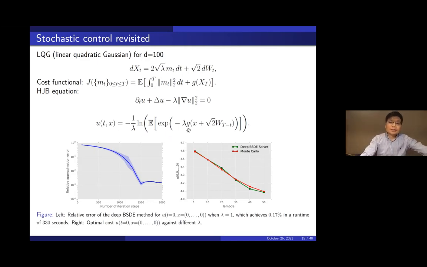And we can use this exact solution to calibrate the deep BSDE method, and that's shown here. The horizontal axis is the parameter lambda, and the vertical axis is the value of u at some random point. You can see it agrees pretty well.